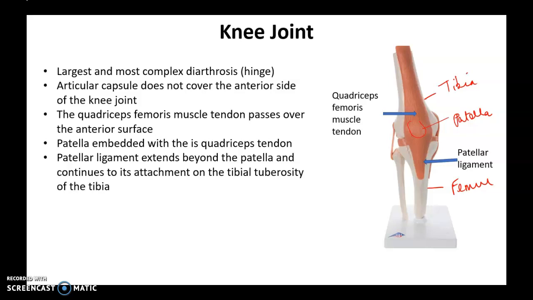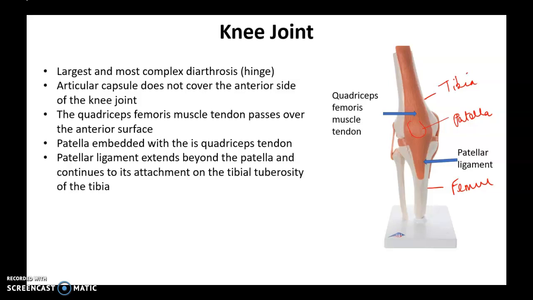Now, know that the knee joint has an articular capsule that encloses only the medial, lateral, and posterior sides of the knee joint. The articular capsule does not cover the anterior surface. Rather, the quadriceps femoris muscle tendon passes over the anterior surface.